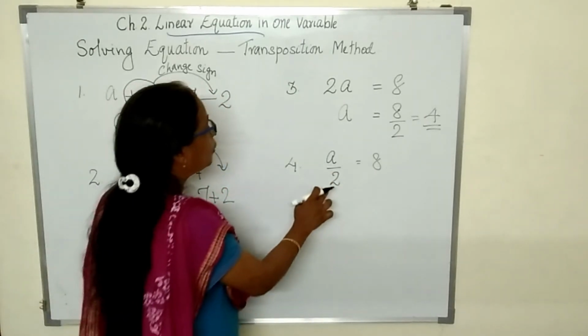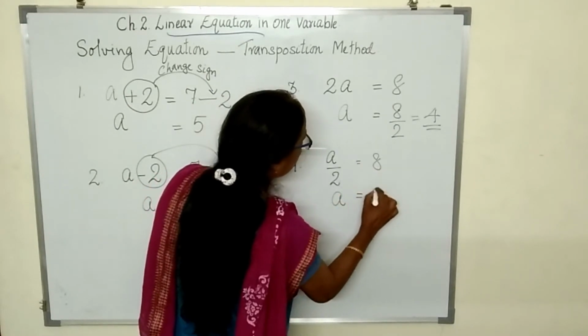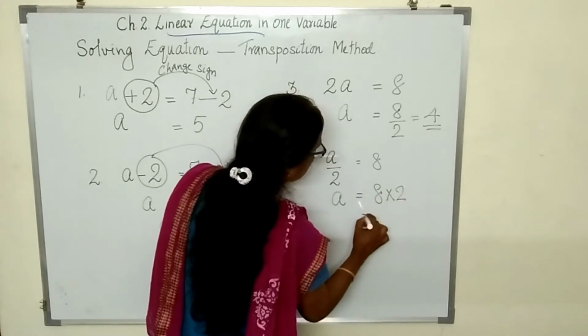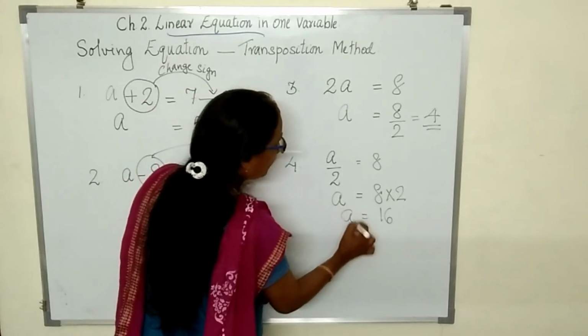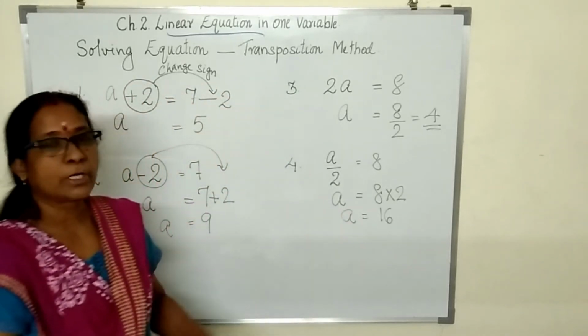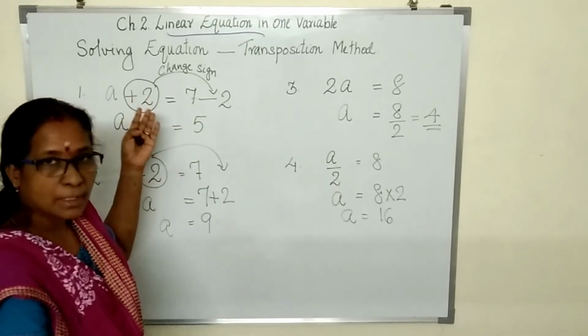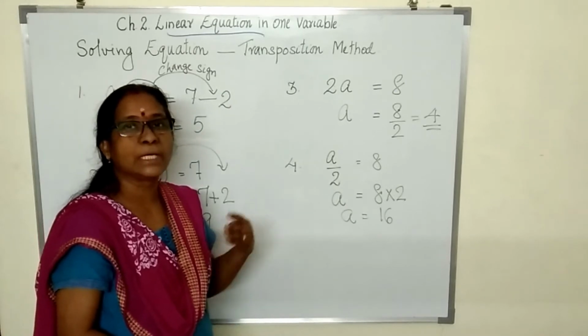So when that 2 goes to the other side, a is equal to 8 multiplied by 2, that is 16. So a is equal to 16. Whatever the operation may be, when you take a number from one side to the other, it will change its sign.